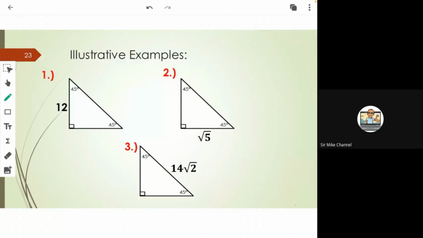Okay, Telo. Yung leg po, 12. Tapos yung hypotenuse po, 12 square root of 2. Okay, correct. Okay. How about number 2?